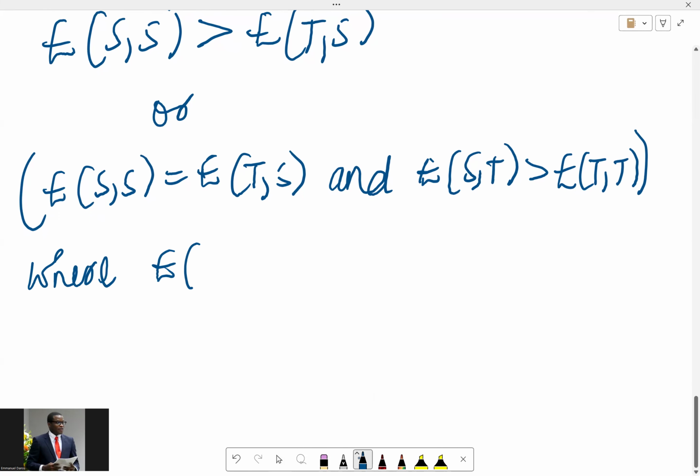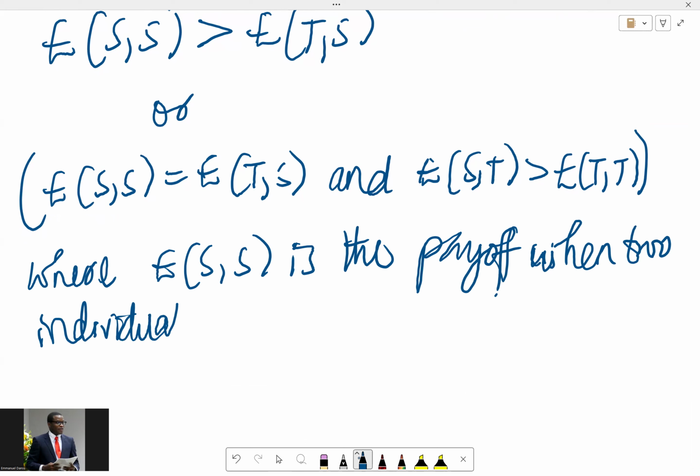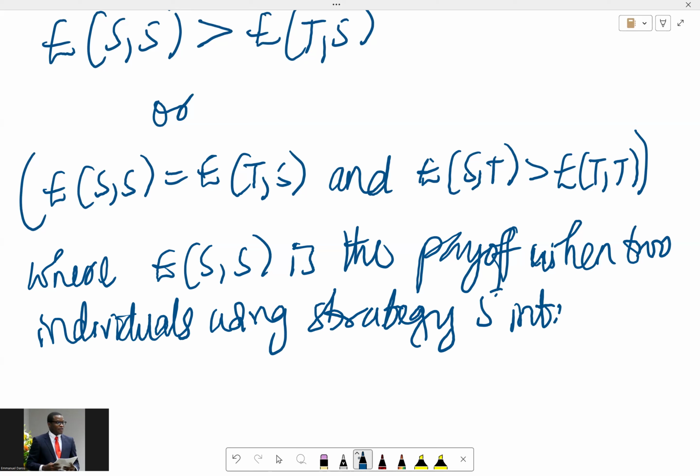Where E(S,S) is the payoff when two individuals using strategy S interact.